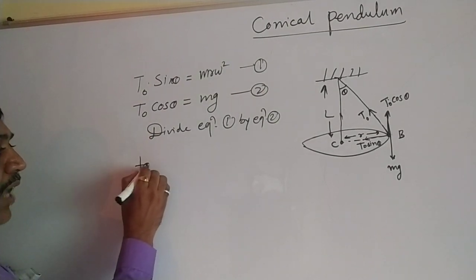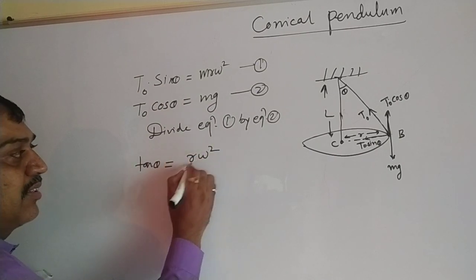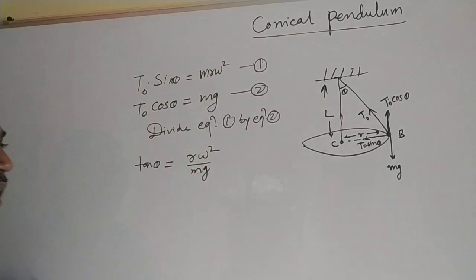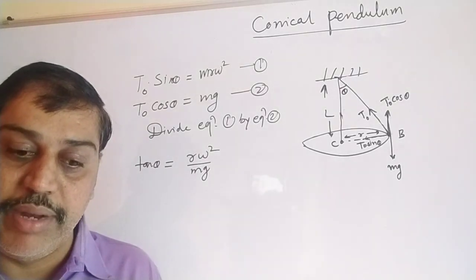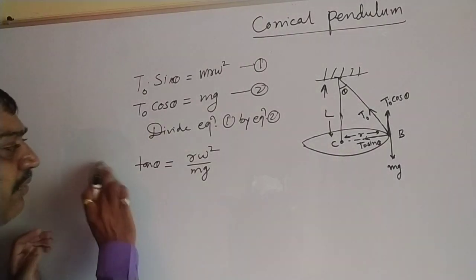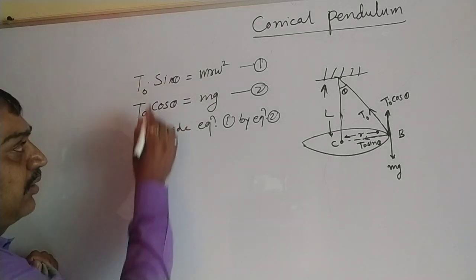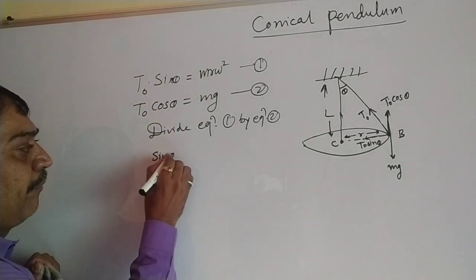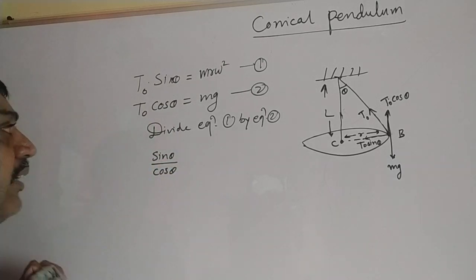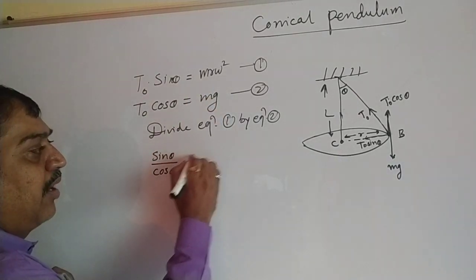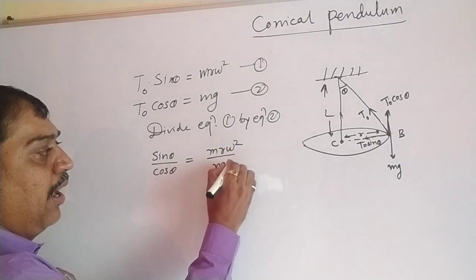T0 cancels out, so tan theta equals what? m cancels out, giving r omega square divided by g. You can just divide them without doing any calculations: T0 cancels out, sin theta divided by cos theta equals m r omega square divided by mg.